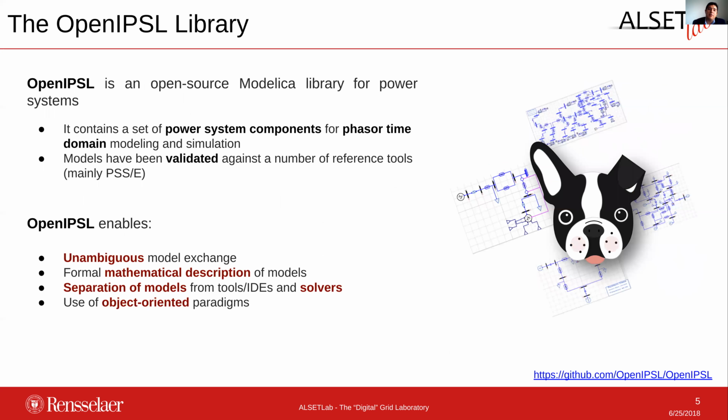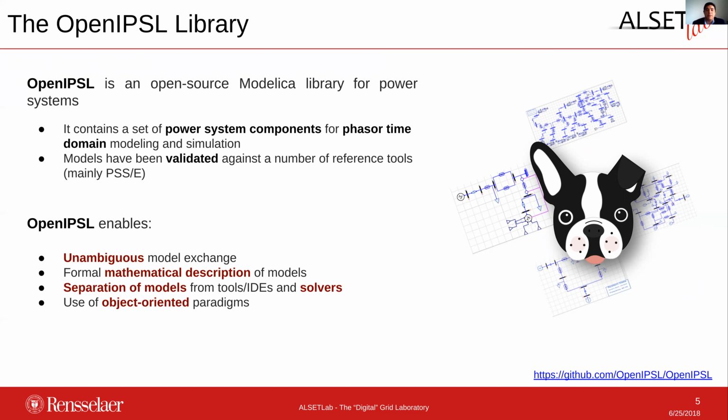The OpenIPSL library that I've been talking about is an open source Modelica library for power systems. It contains a set of power system components for phasor time domain modeling and simulation. All of the models have been validated against a number of different reference tools, but we have focused mainly on PSS/E. So the advantages of OpenIPSL and Modelica is that it gives us an unambiguous model exchange.